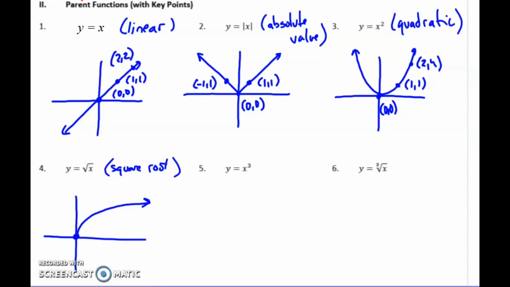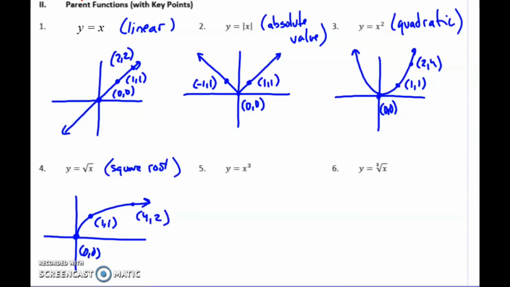So think about it. If I put in 1 for my domain, the square root of 1 is just 1. Well, you could put in 2, but the square root of 2 is not an integer, so it'd be kind of a mess to graph. So I'm going to think about what type of numbers I can take the square roots of, and those are perfect squares. So the next number that's easy for me to take the square root of is 4. If I go over 4, and then you take the square root of 4, you're going to get 2.